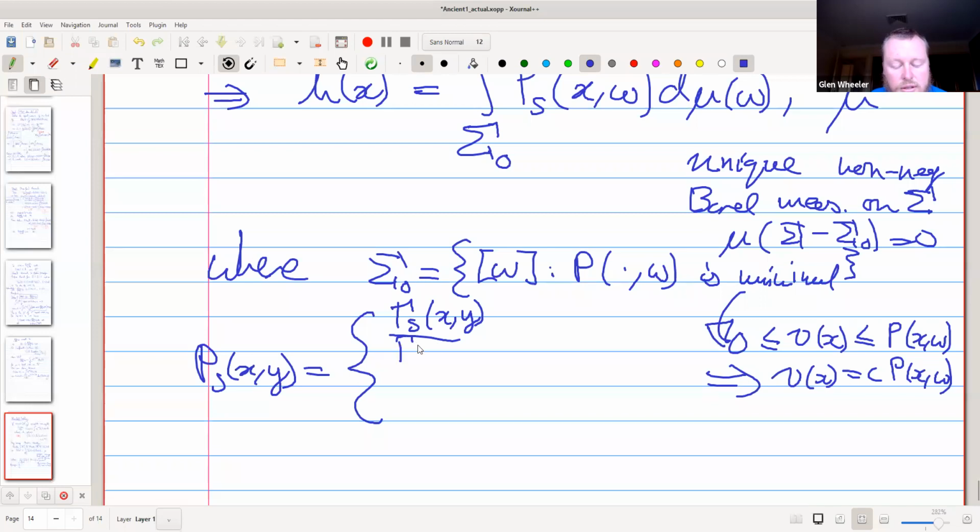So you just divide the Green's function of x and y by the Green's function at some distinguished point, x0 and y. This is for y not equal to x0.